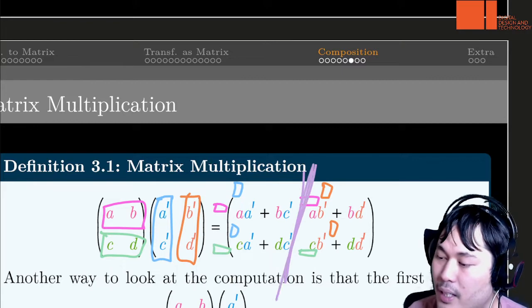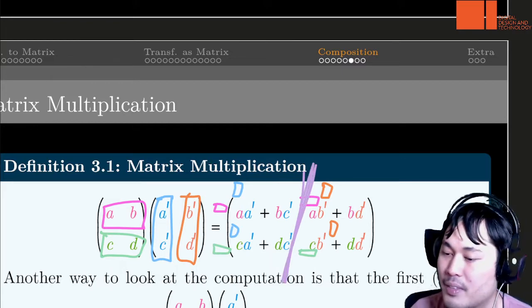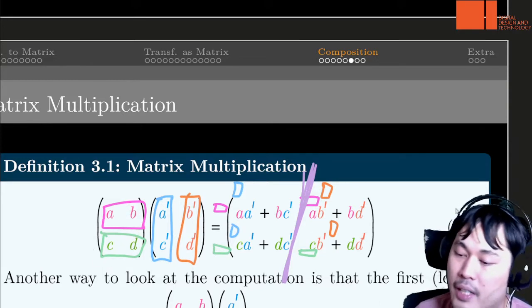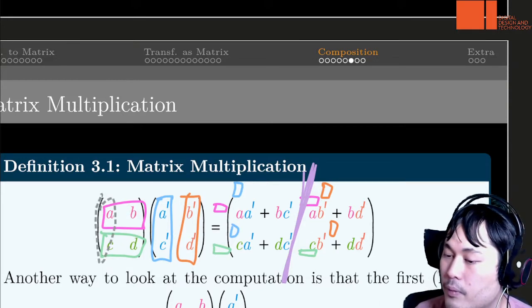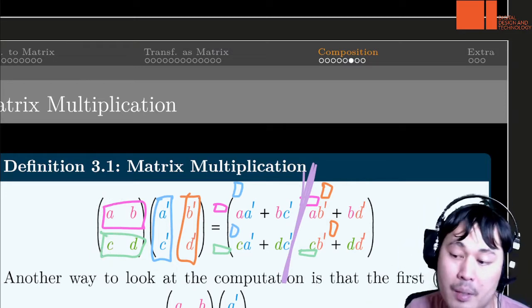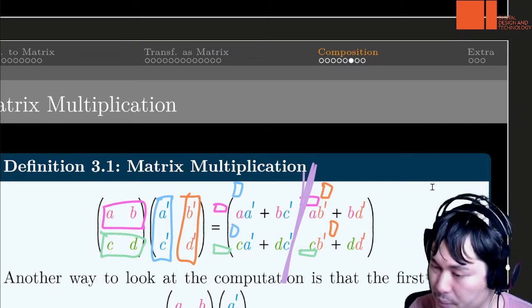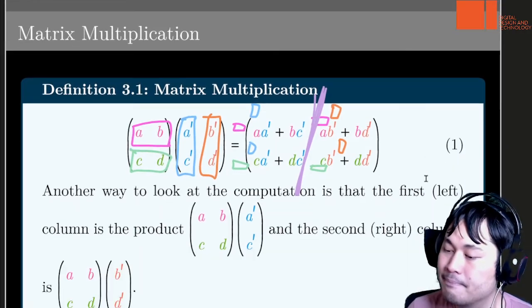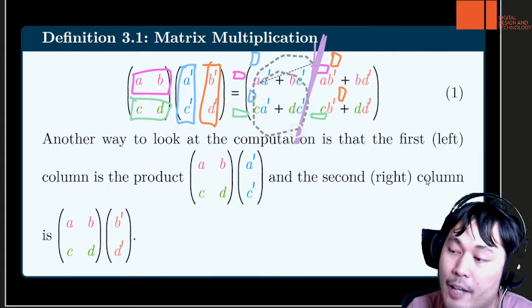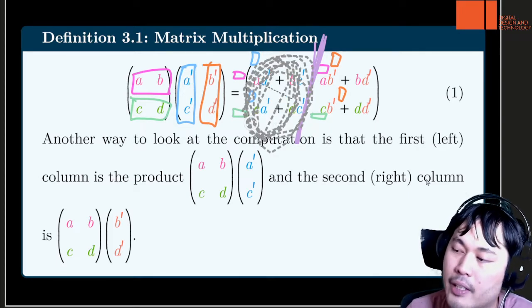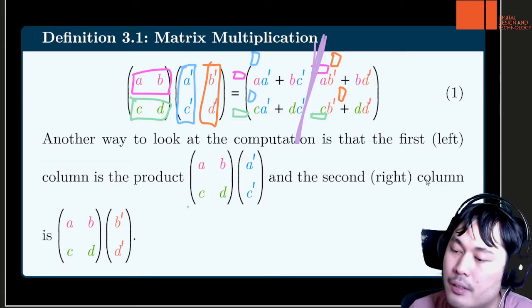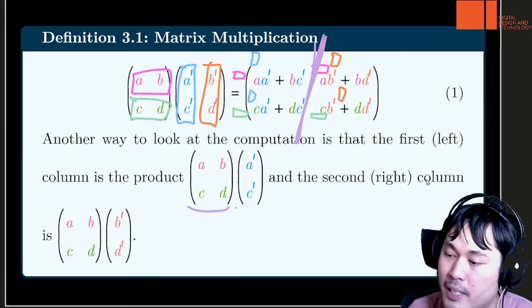Okay, so you again split them into columns, just like what we did earlier. We think of a matrix as two vectors where each column represents a single vector. And another way to look at the computation is that the first vector of the result is the matrix multiplied by the first vector.